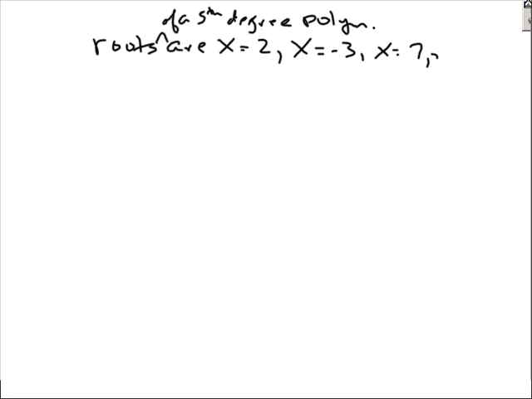The roots of a fifth degree polynomial are x equals 2, x equals -3, and x equals 7.